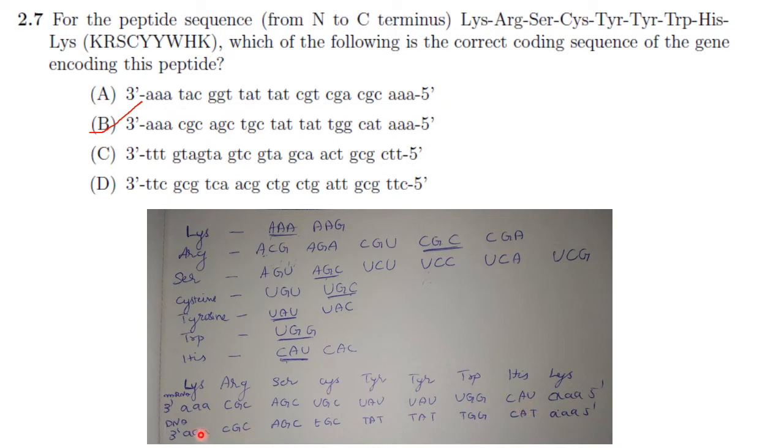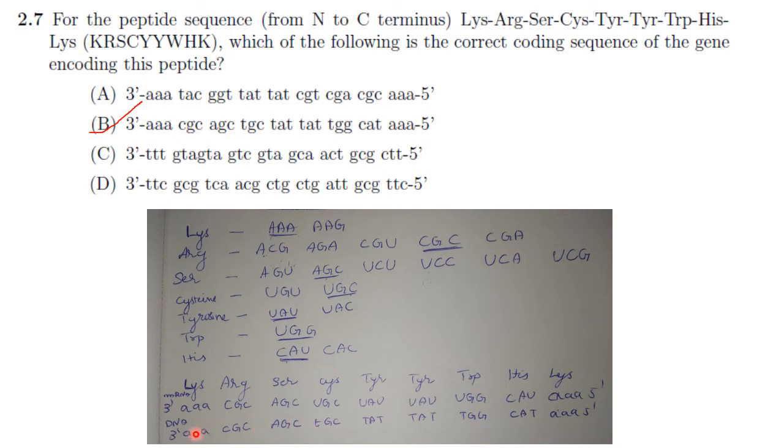Now they have asked the question for the coding sequence of the gene. I have told in my previous slide that the coding strand has the same base sequence as that of the mRNA. Only thing is that uracil is replaced by thymine in the coding strand.